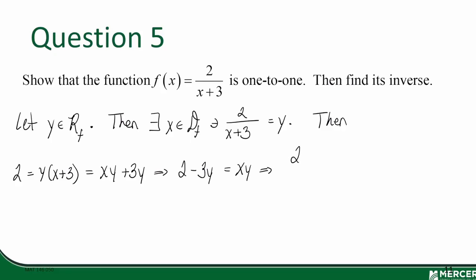And that means 2 minus 3y over y equals x. So the inverse function would then be 2 minus 3x over x.